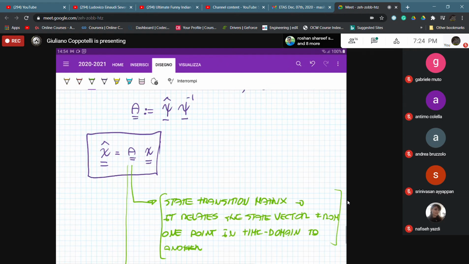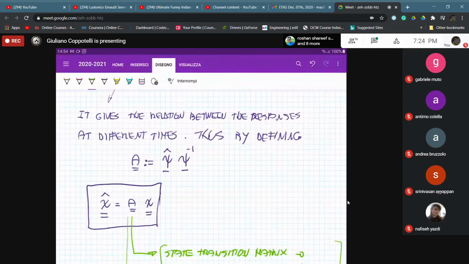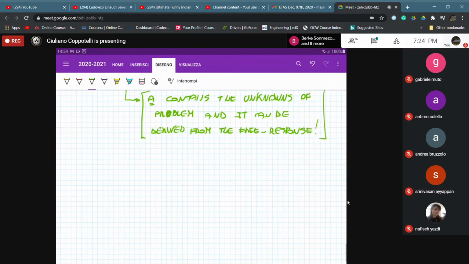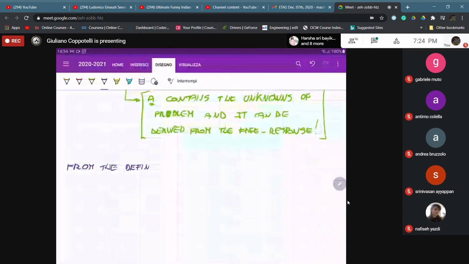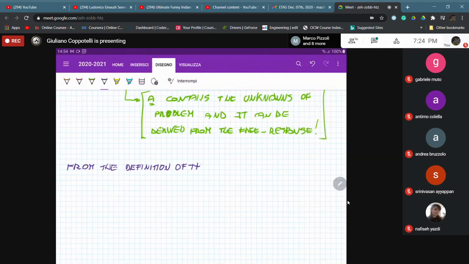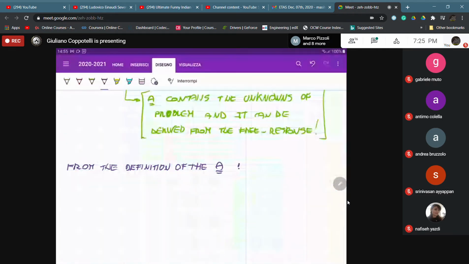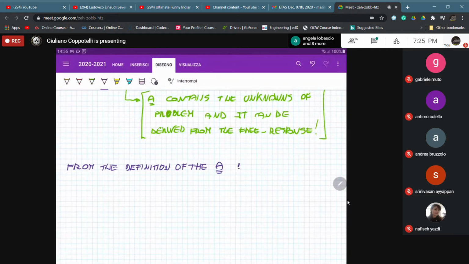From the definition of the A matrix, what we got is that the psi matrix is equal to A matrix times psi.